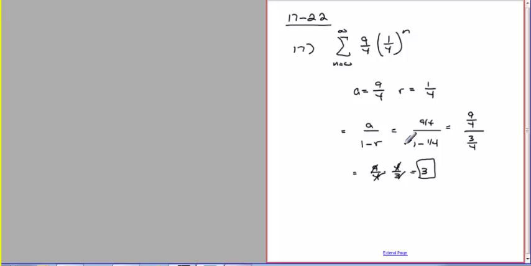And if we look at our picture, the ones that don't bounce around, we have both B and C, which approach 3. So we'll just take the first term because those are different. For n equals 0, we get 9/4 times 1/4 to the 0 power, which is just 9/4.